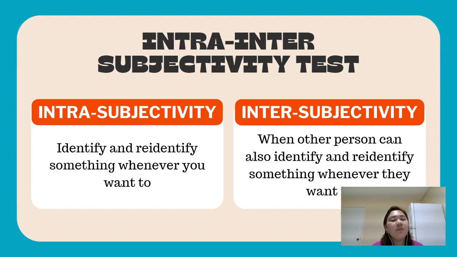It cannot even pass the intrasubjectivity test because even I cannot see it or touch it. In short, for an entity to pass the intrasubjectivity test, I myself must be able to observe the entity anytime I want. So in order to pass both tests, we must first pass the intra test, the one that has something to do with ourselves.